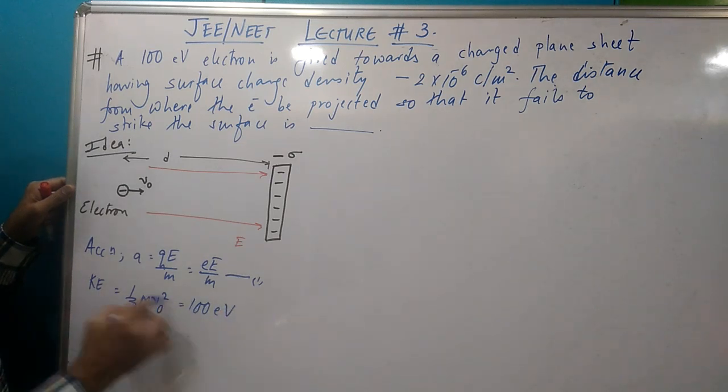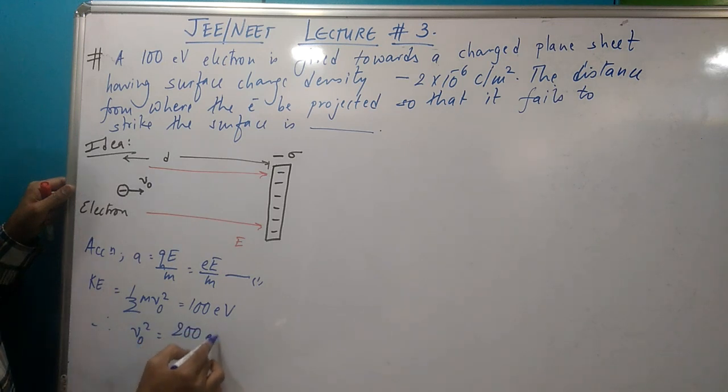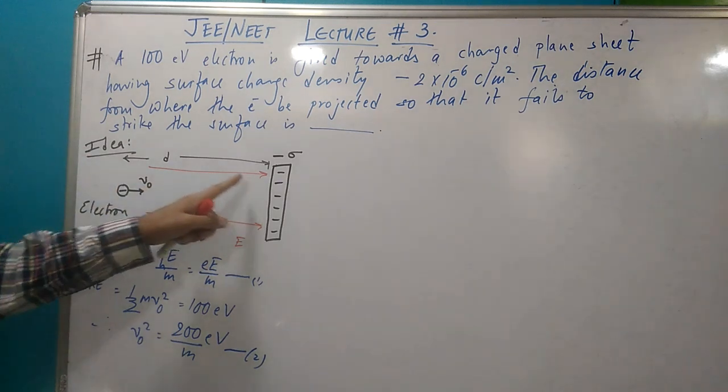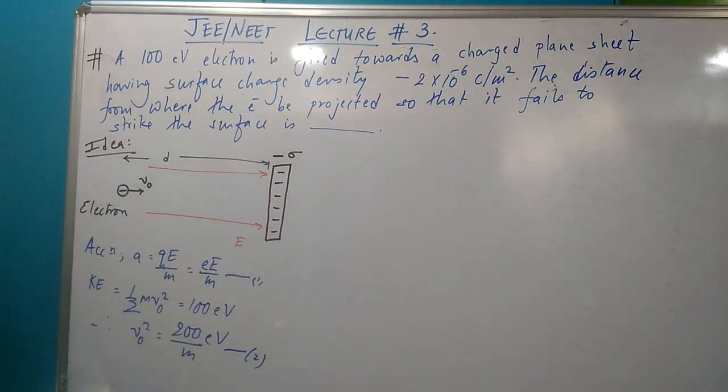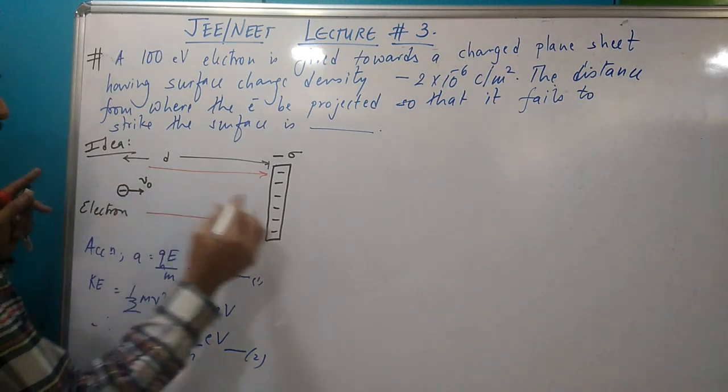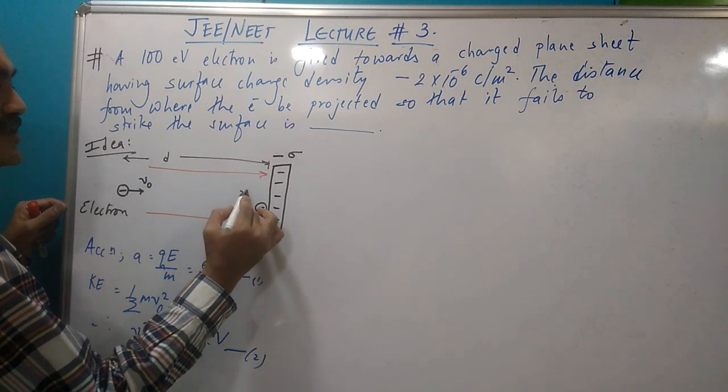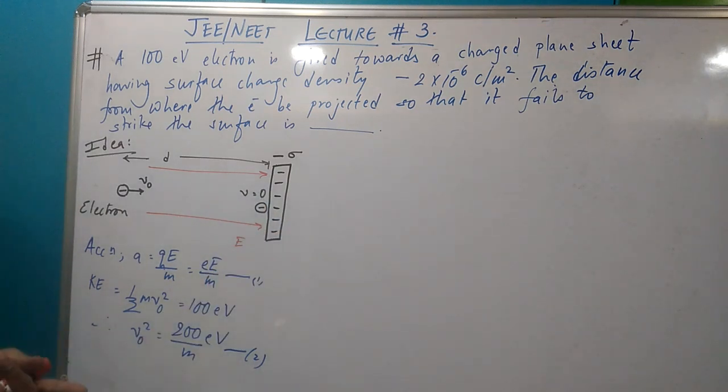So you take 2 here, m down there, v0 square is 200 eV by m. We need to find out the distance. Let us say from here to here distance is d, and they have asked us that here when the electron reaches, the speed final becomes 0.